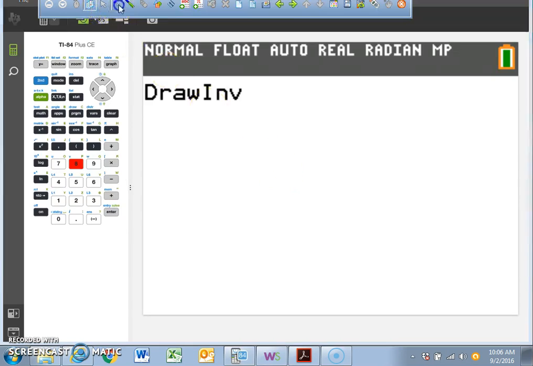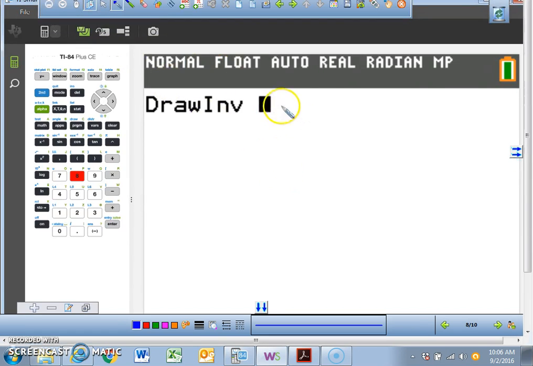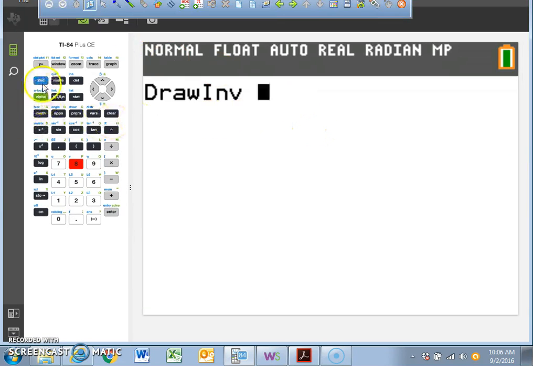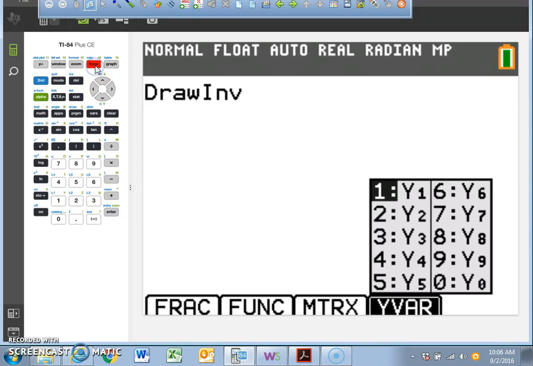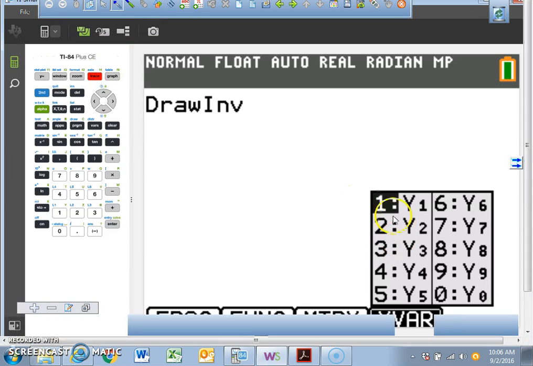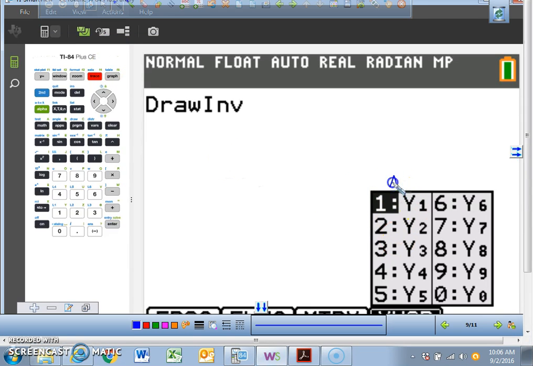Now, we actually want to draw the inverse of what's in our y1 because we typed in y1. So how do we get to draw the inverse of y1? Here's what you do. Hit not second, my apologies. Hit alpha, trace. So right now, to get to this, you have to get to the screen where we're going to select y1.